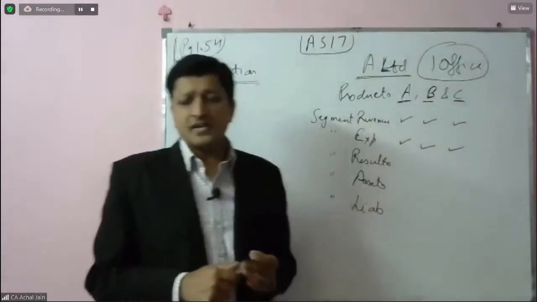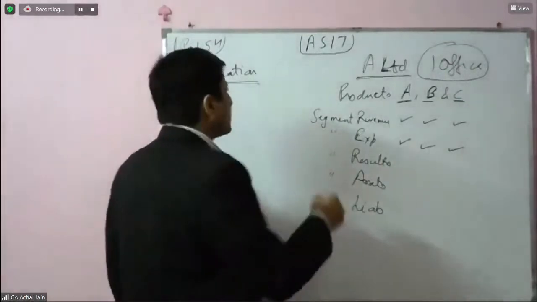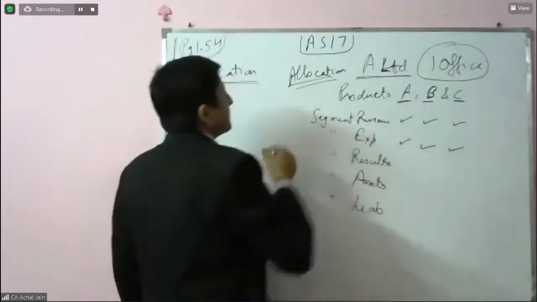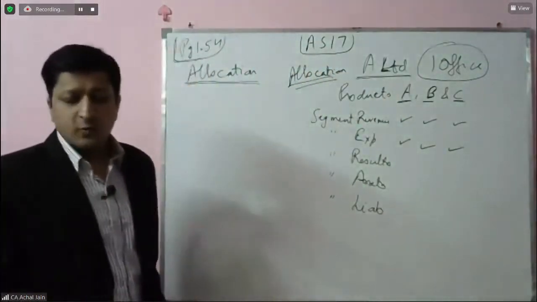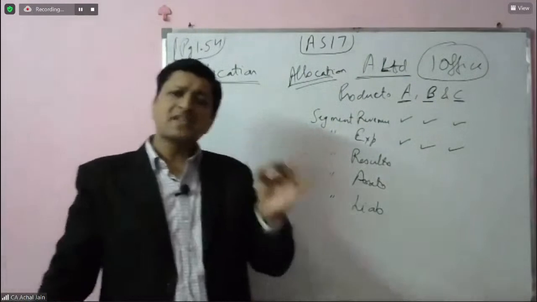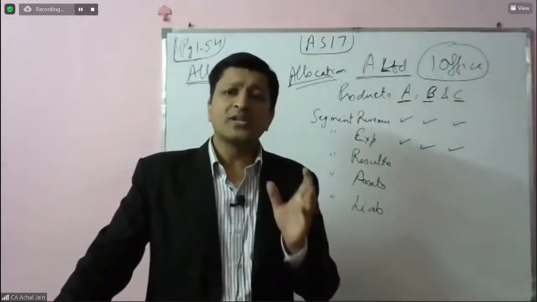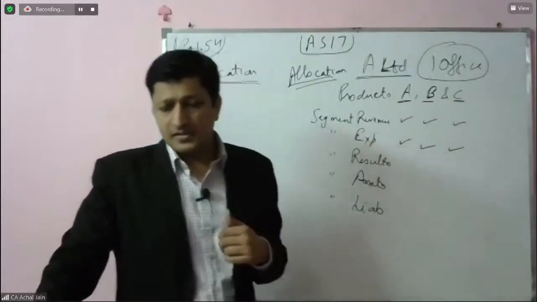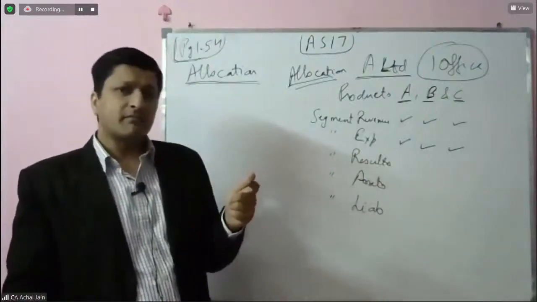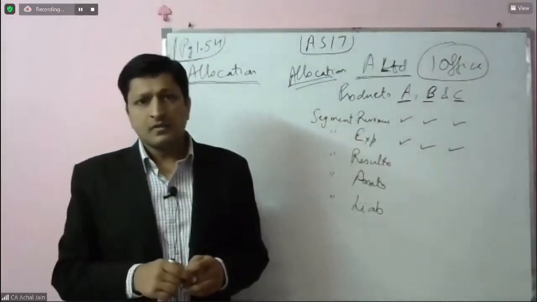Clearly, if you look at this guidance, what does it say? That when it comes to allocation, management judgment is required to be followed. Why? Because the management has the best understanding of their business. They know everything about their assets, liabilities, incomes, or expenses. And that's why they will be in the best position to allocate them if those are not specifically identified one-on-one. Correct?